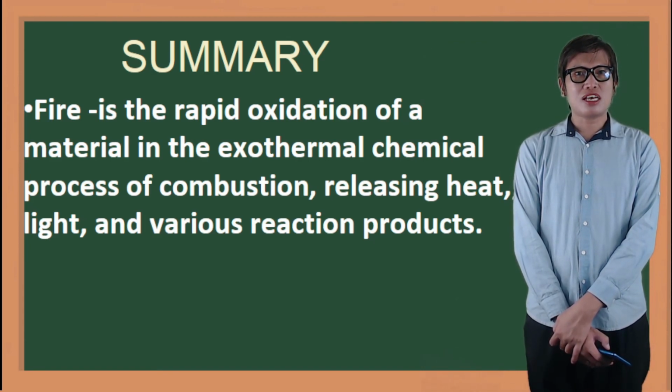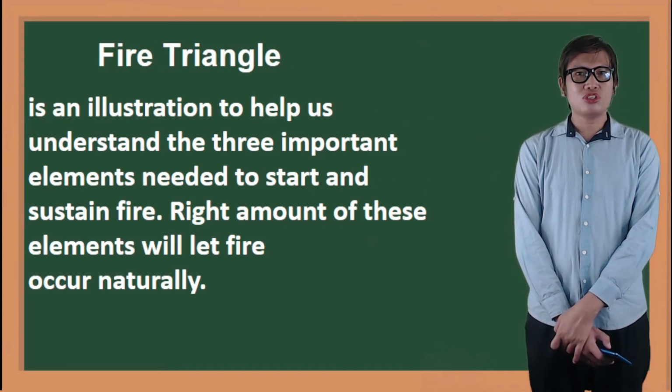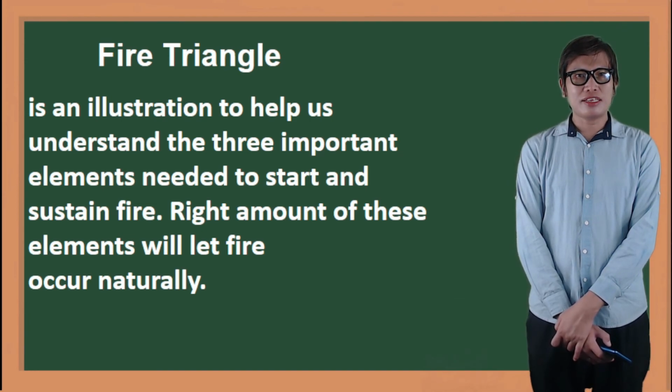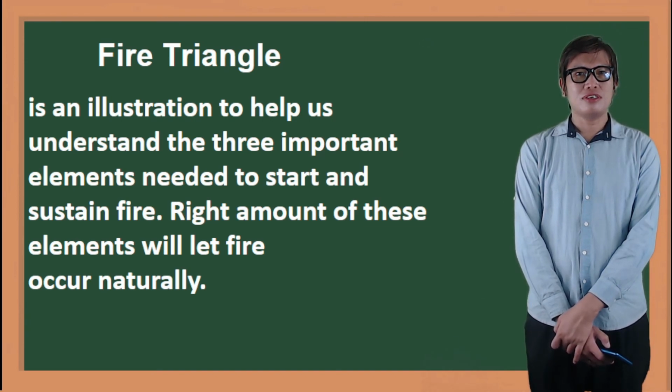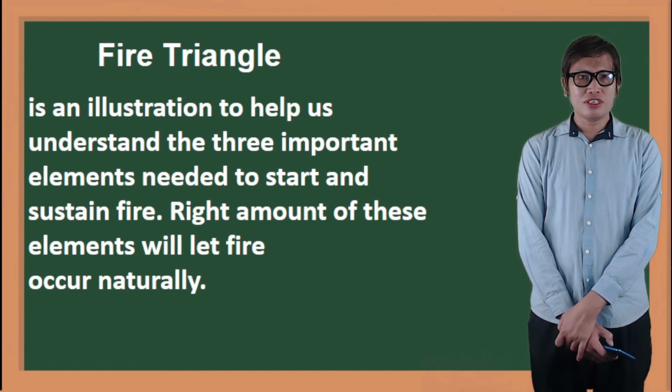Then, we have also discussed the fire triangle. The fire triangle is an illustration to help us understand the three important elements needed to start and sustain fire. The right amount of these elements will let fire occur naturally.